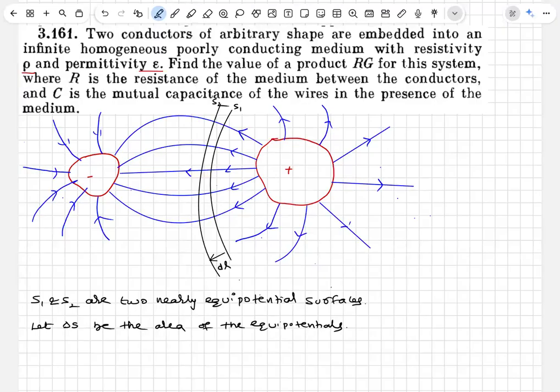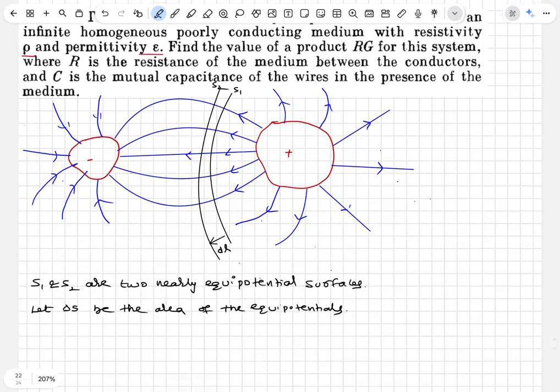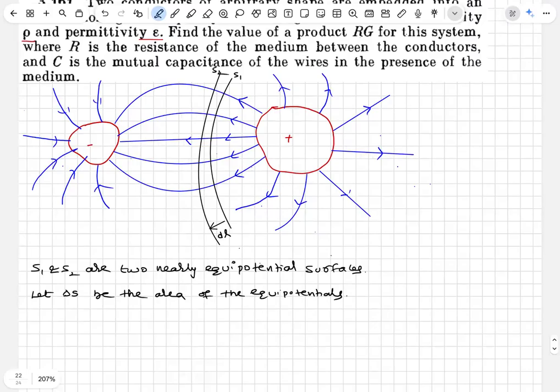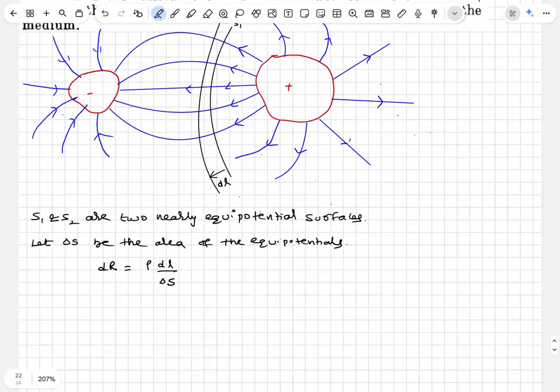Why do I require all this? Resistivity times dl by ds, or delta S, makes no difference. Close to parallel plate condition, we will have C is epsilon naught A by D. You know this. You are allowed to use this for parallel plate. Therefore, I cannot write it like this.